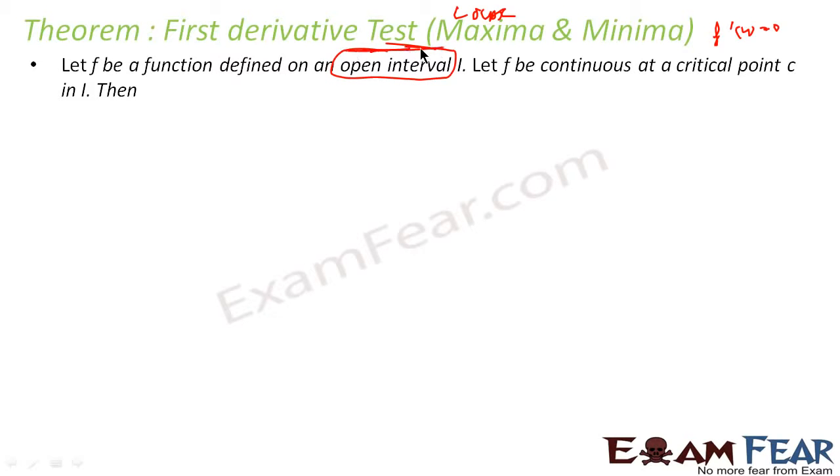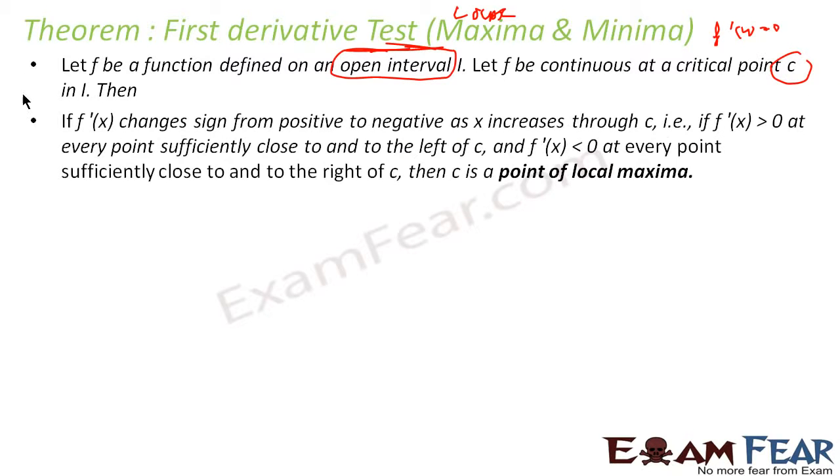Don't ignore this open interval, it's critical because only in the open interval are we talking about local maxima and minima. And f is continuous at a critical point. Critical points are all the points where f dash x is equal to 0. Then if f dash x changes sign from positive to negative, that is, f dash x is greater than 0 for every point close to and left of c, and this is less than 0 for right of c, then this point is called a point of local maximum.